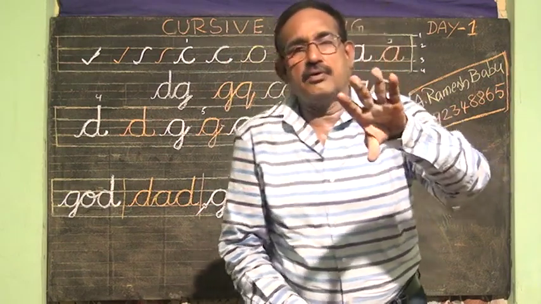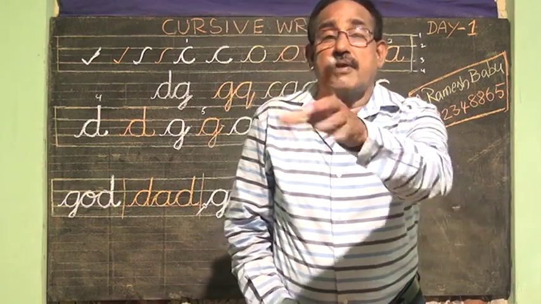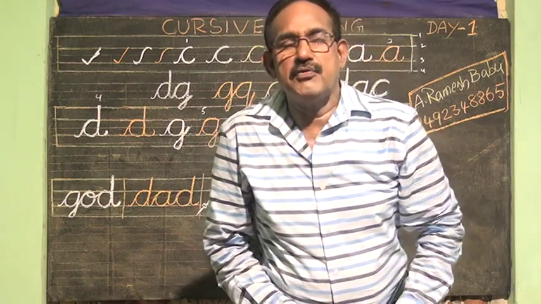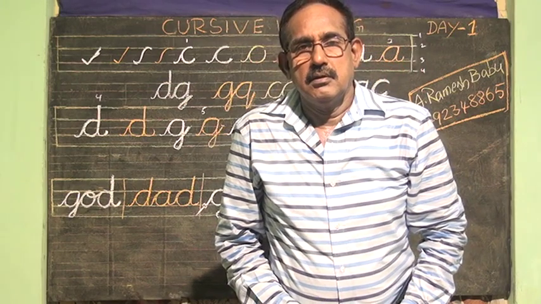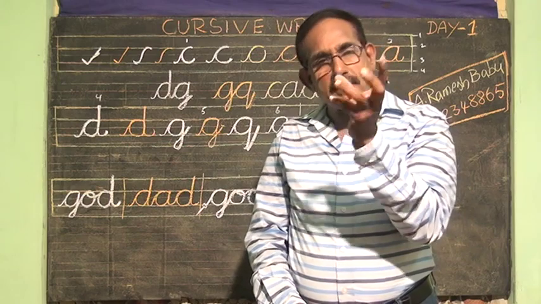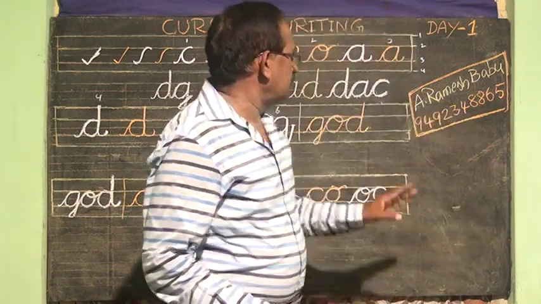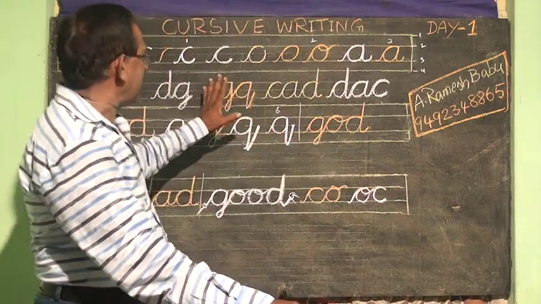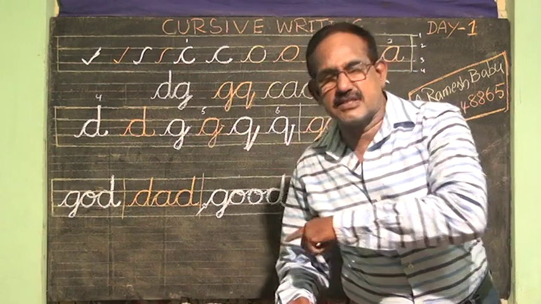After the 10th video session, you can get 100% perfection in cursive writing. I give you that guarantee. You will write all letters, small letters and capital letters, very easily. This is my way. I designed a course like this.